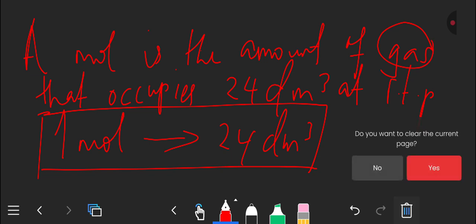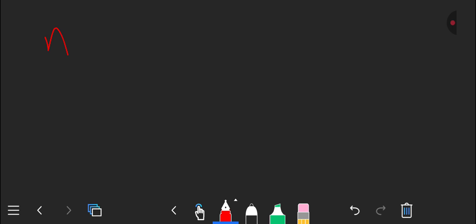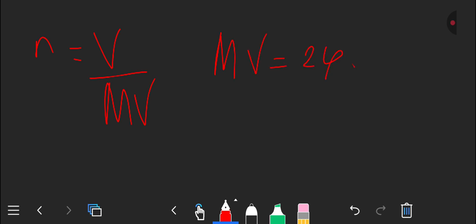Let's say we want to find the number of moles. The number of moles will be equal to the volume over the molar volume, and at room temperature and pressure, the molar volume is 24 cubic decimeter.